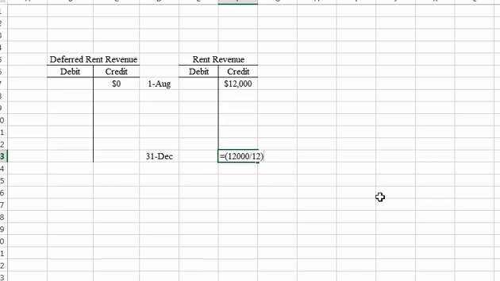So that'd be August, September, October, November, December. 5 months. Okay, so the balance in rent revenue on December 31st should be $5,000.